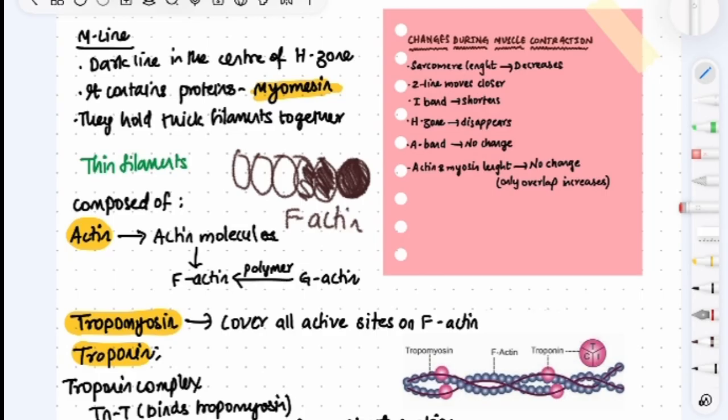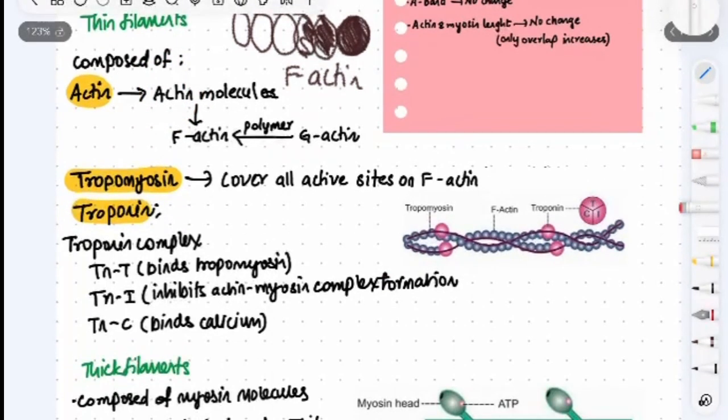What we said is that these thin filaments are composed of actin, tropomyosin and troponin, right? Actin is the polymerized form of G-actin, that is F-actin. Next, tropomyosin. This tropomyosin covers all the active sites of F-actin.